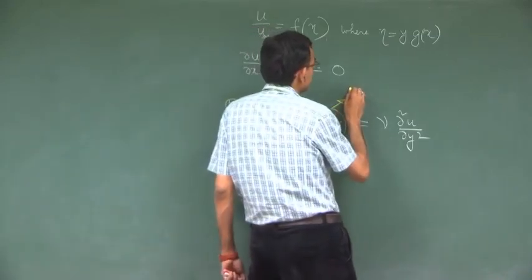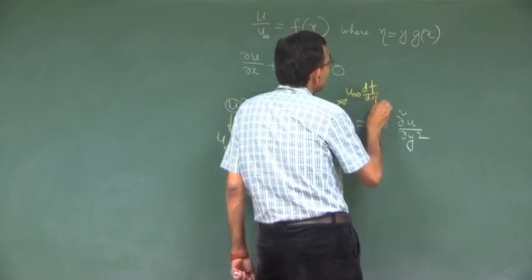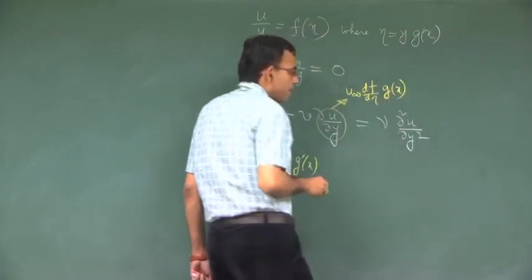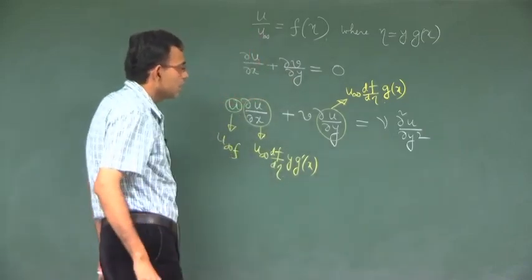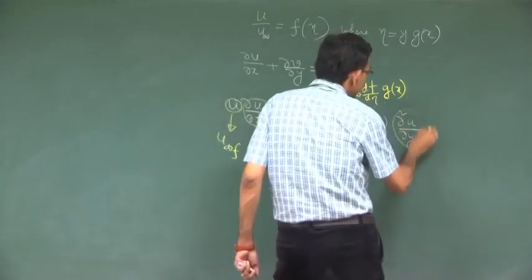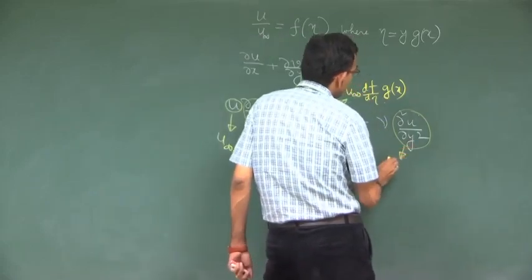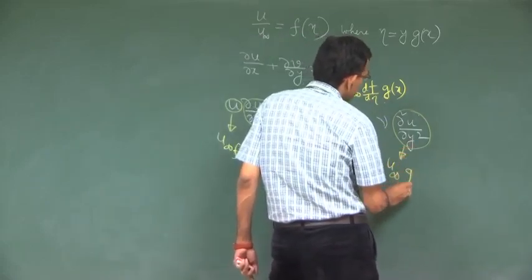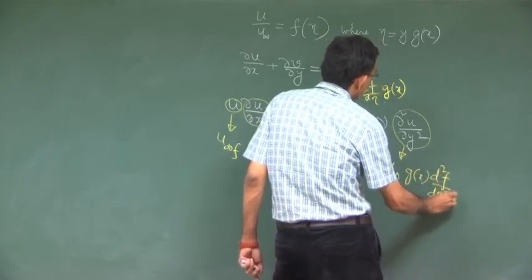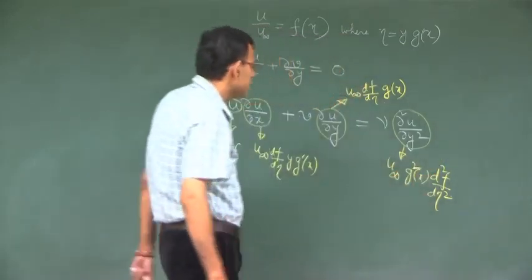This is u infinity df d eta into del eta del y, which is g. If you want to evaluate this, this is a second order derivative of this one. So, u infinity g(x) into del eta del y is another g(x), that will make it g square.